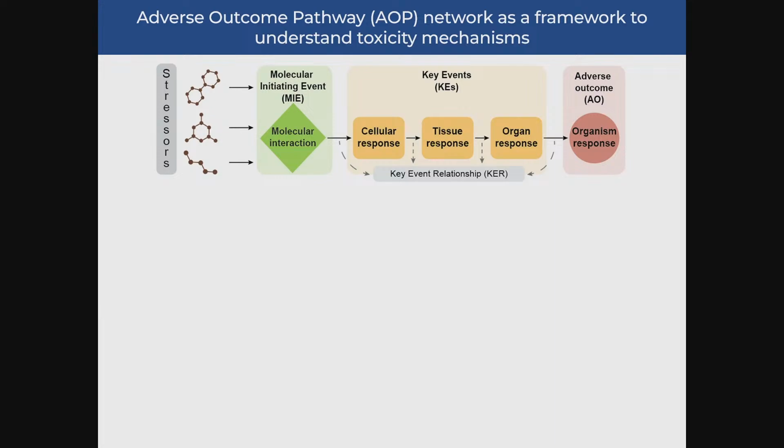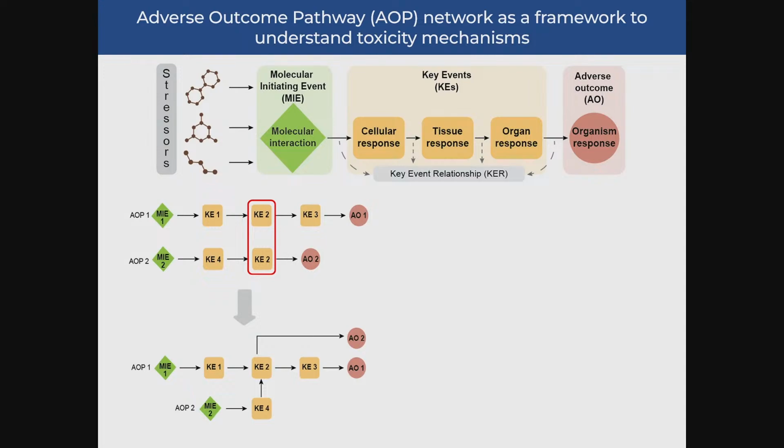Adverse outcome pathways have been endorsed by the OECD, and they capture toxicological mechanistic information starting with a molecular initiating event where a stressor interacts with some biological entity. Then we follow a cascade of events across different levels of organization, cellular, tissue, organ, and at the end the outcome is some adverse effect.